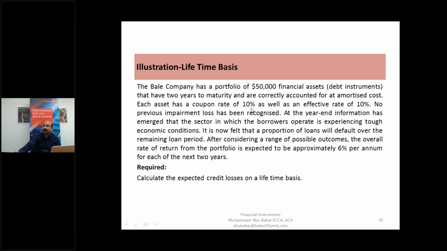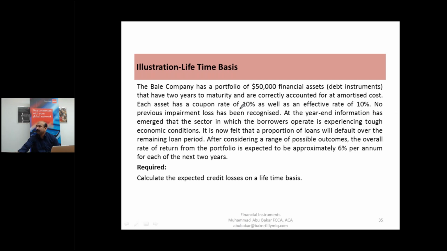This means 5,000 was the return, and now we expect only 6% instead of 10%. So this means now the return will be 3,000 instead of 5,000. So what is the shortfall? Shortfall is 2,000.